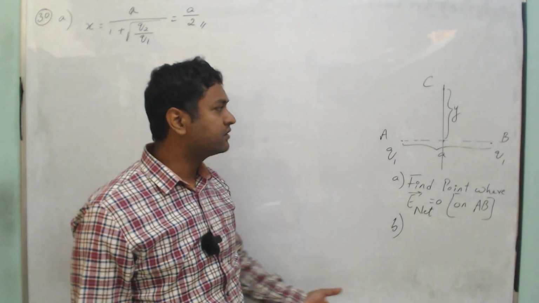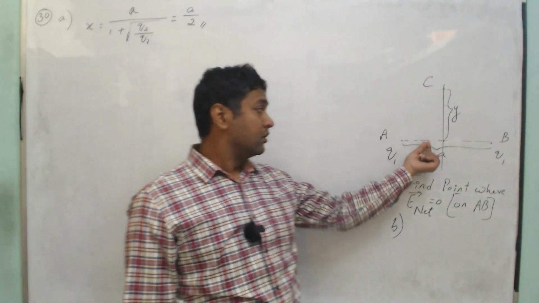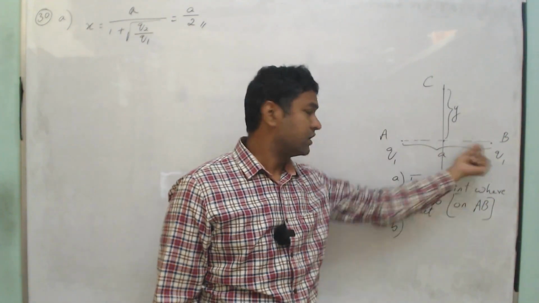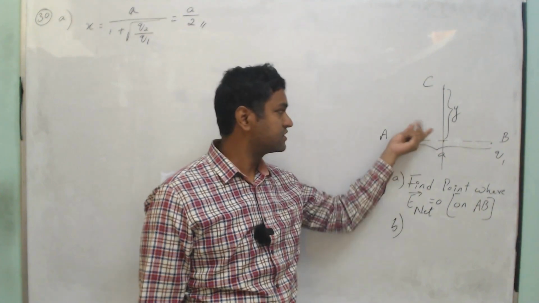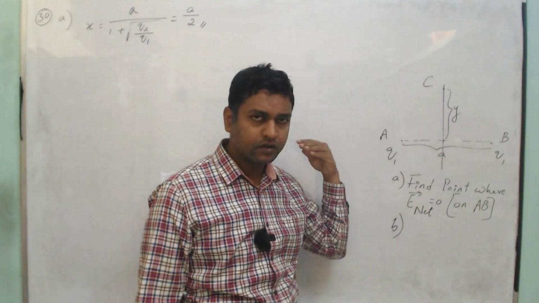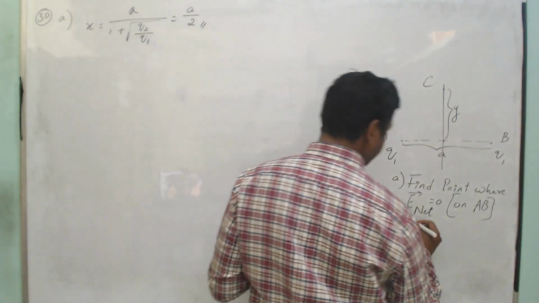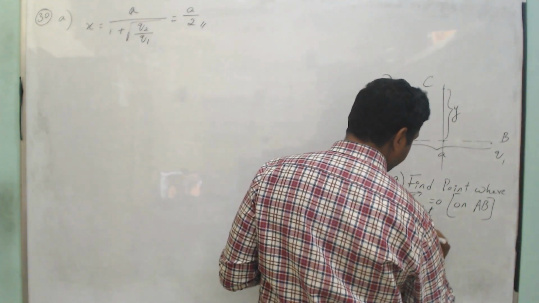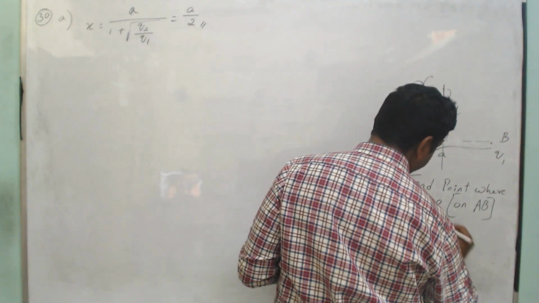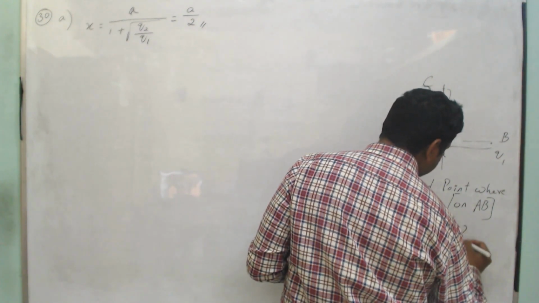So in the B part, we said on a line perpendicular to AB at a distance of y from the null point, find the electric field. So simply I will write over here, find the electric field at point C.